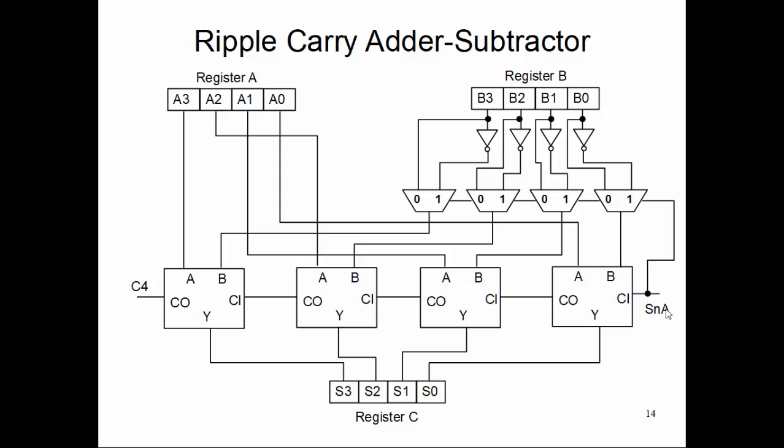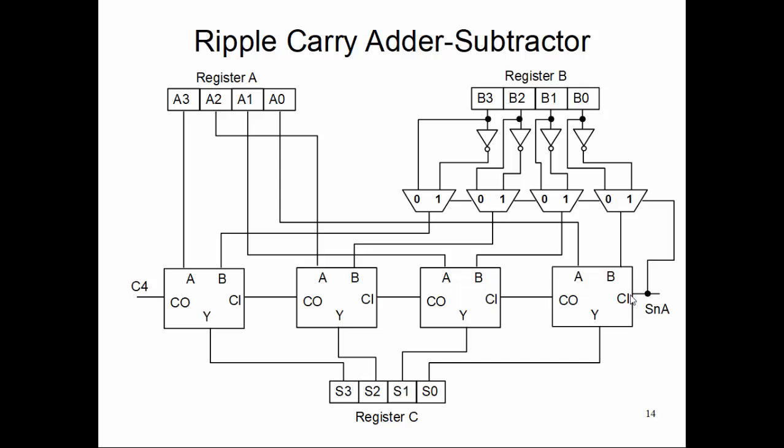So what we can do, first of all, we can directly feed this control value to the first stage carry in, because subtraction needs carry in 1, addition carry in 0. Subtraction mode is determined by SNA, this digital signal is 1, so that goes directly into the CI, and SNA becomes 0 for the addition, and 0 is fed into the CI directly to make an adder circuit. So that part is done.